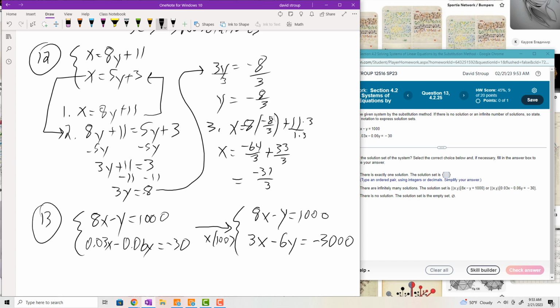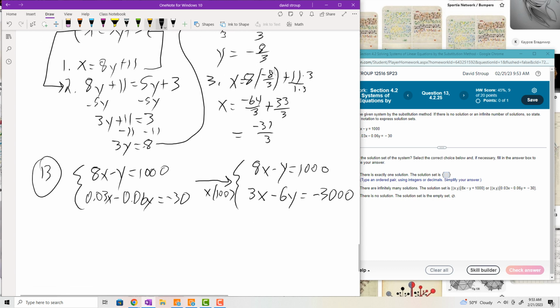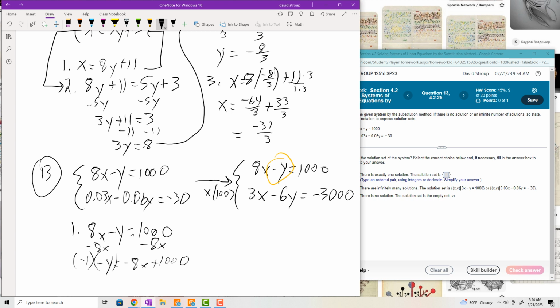Okay, then I'm going to solve for one of the variables. It looks like the y is a good choice. It doesn't have a coefficient on it. So step 1, I'll take that first equation and solve for y. And I'll multiply both sides by a negative 1.